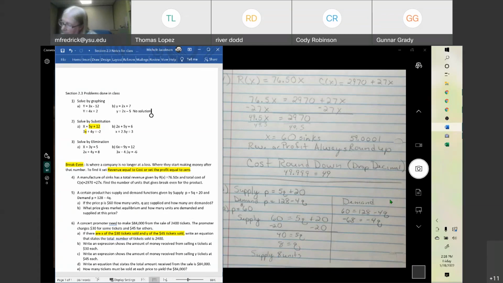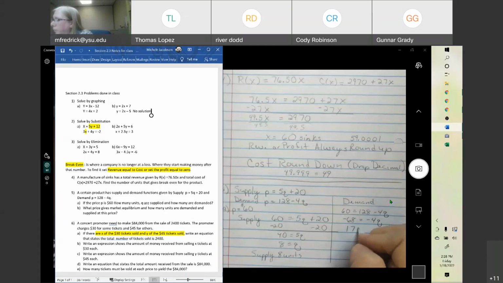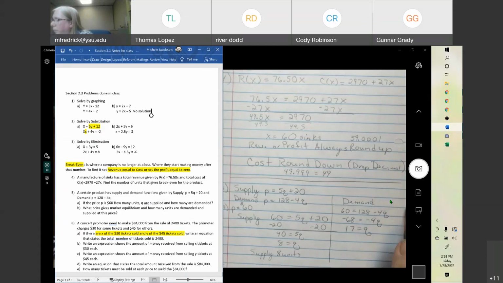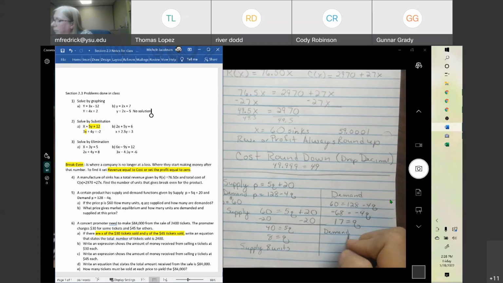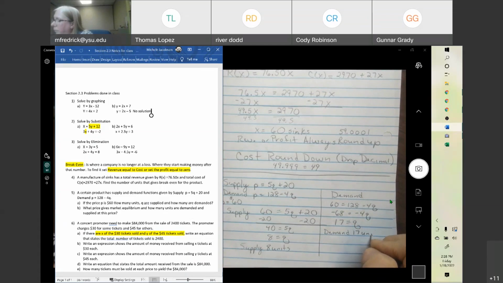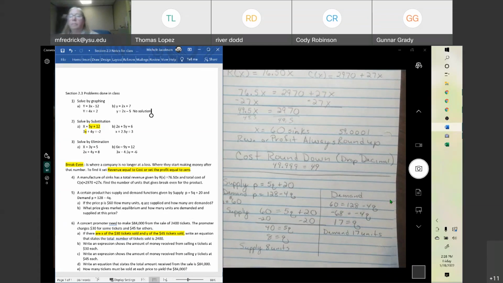And divide by the -4. So if they sell them for $60 each, they will build 18 units and sell them, but the demand is for 17 of them at that price.